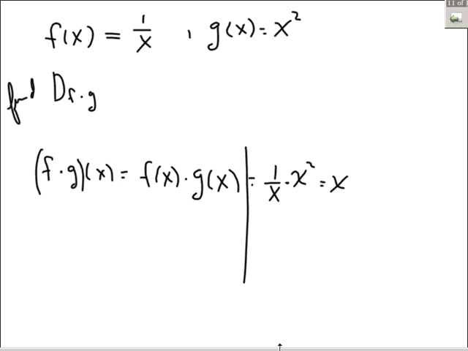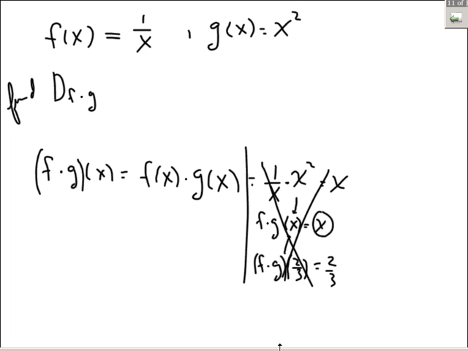So now you're going to say f times g of x is x. That is, you can plug any number in there. F times g of 2/3 is 2/3. It's the identity function, it turned out. Whatever number you put in there, you'll get back that number. That is, the domain is everything, it seems. It seems.